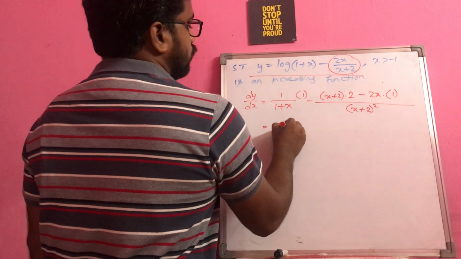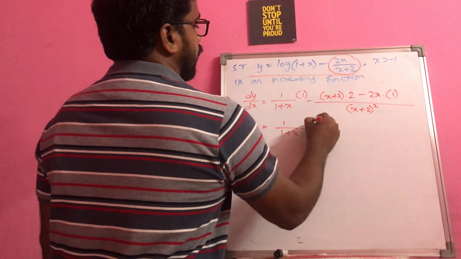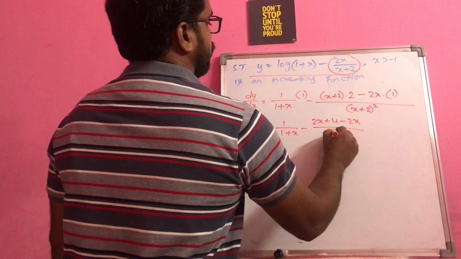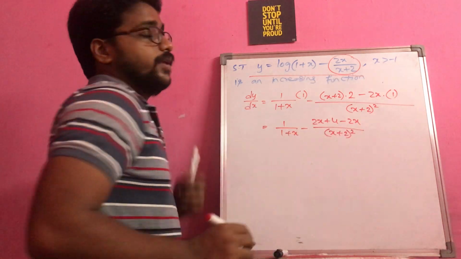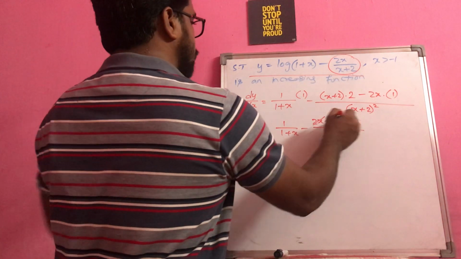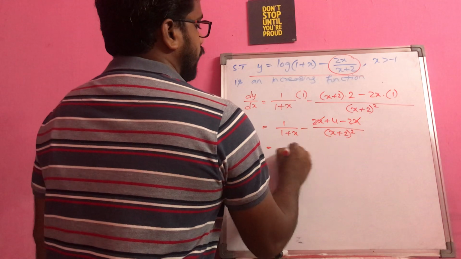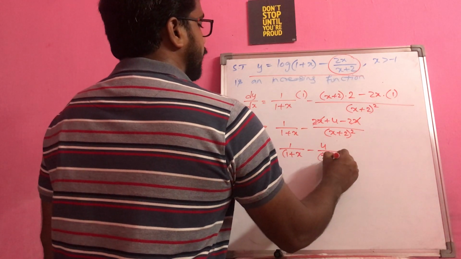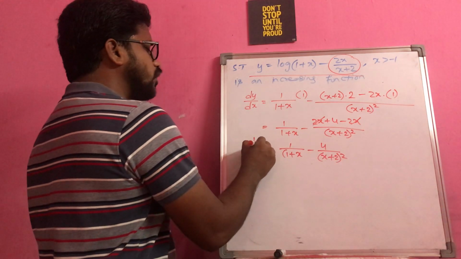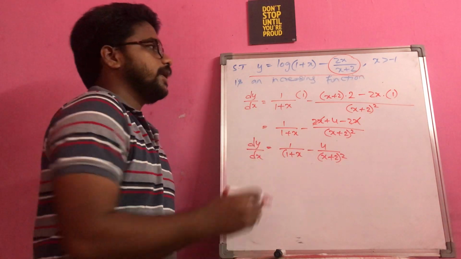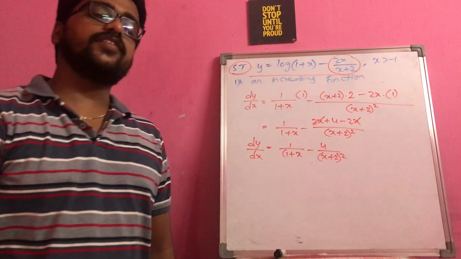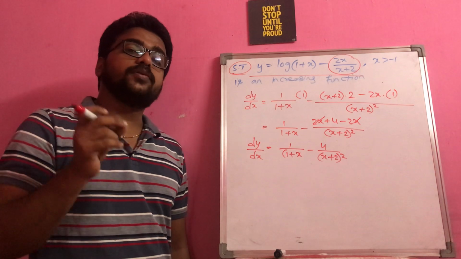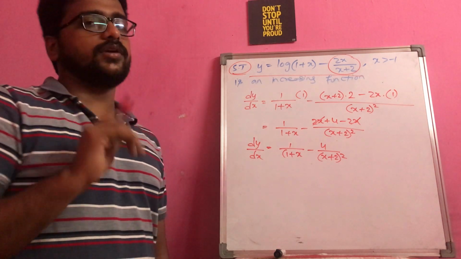So this is equal to 1 by 1 plus x minus 2x plus 4 minus 2x divided by x plus 2 whole square. Now you can observe here 2x and 2x will get cancelled and you are getting 1 by 1 plus x minus 4 divided by x plus 2 whole square. We already discussed before that whenever you are proving an increasing or decreasing function, please try to simplify to the maximum and then come to a conclusion.